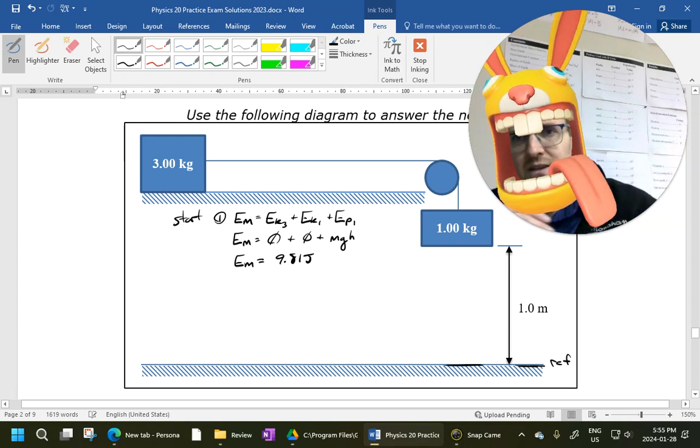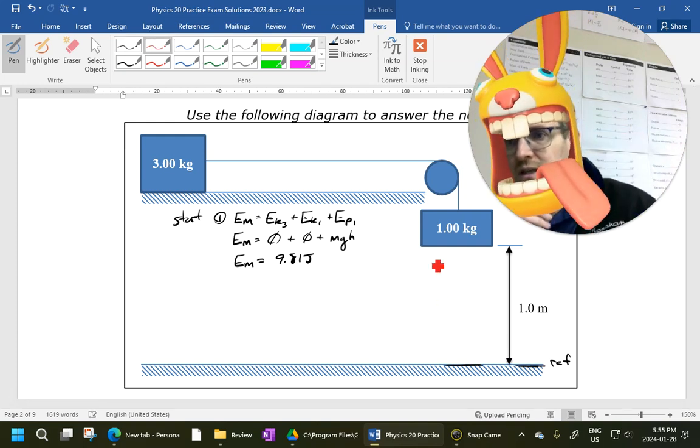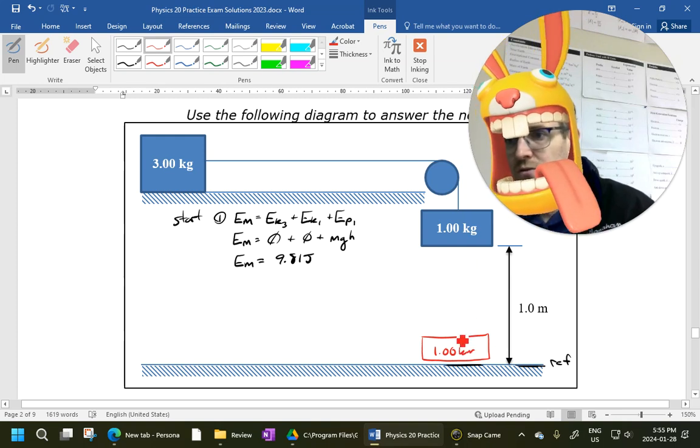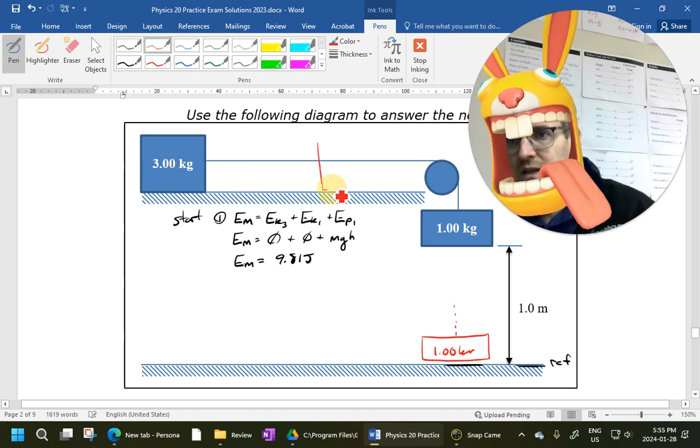So as everything starts moving around, this block here is going to come to the ground, right? It's going to slam down, this 1 kilogram block. It's going to move downwards. It's going to have a velocity as it hits the ground, right? So it's going to be down here now. This 3 kilogram block is going to be over here now.